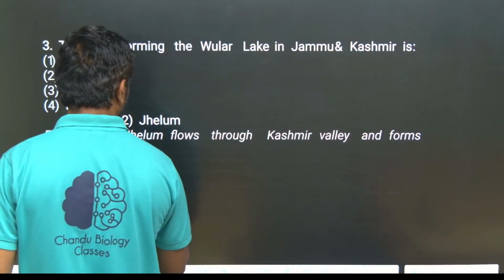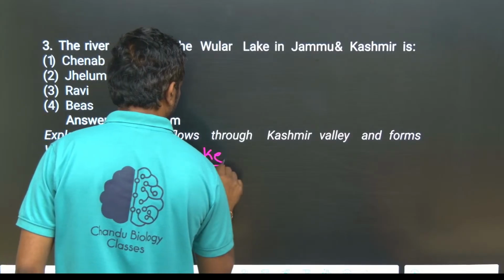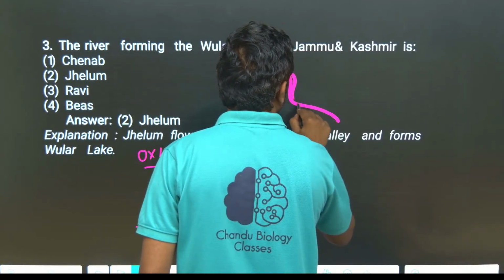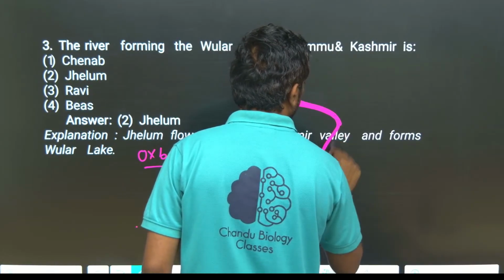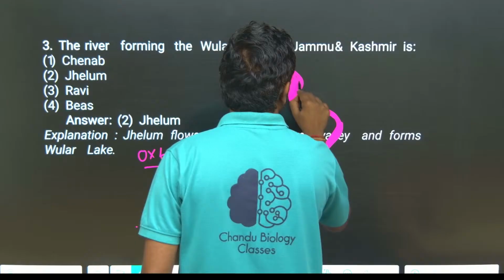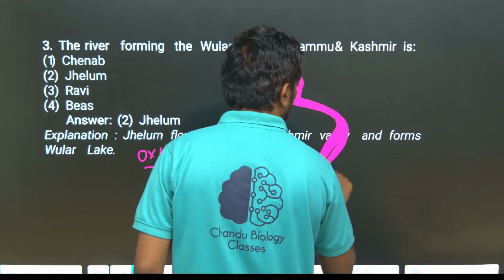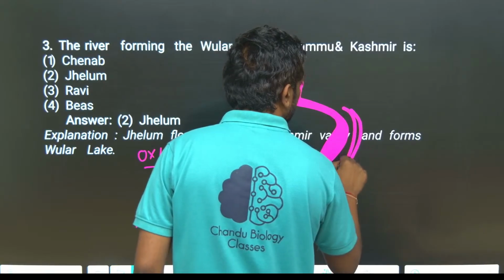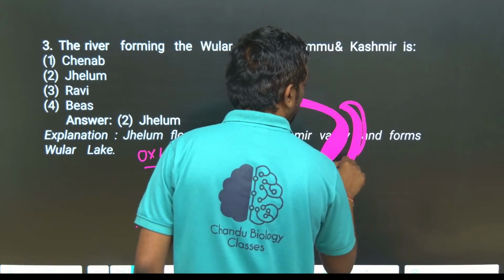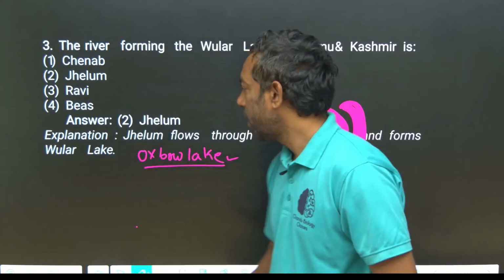An Oxbow Lake is nothing but, guys, the main river flowing like this, and some part of the river water is isolated from the main meander place. This creates a lake called an Oxbow Lake.